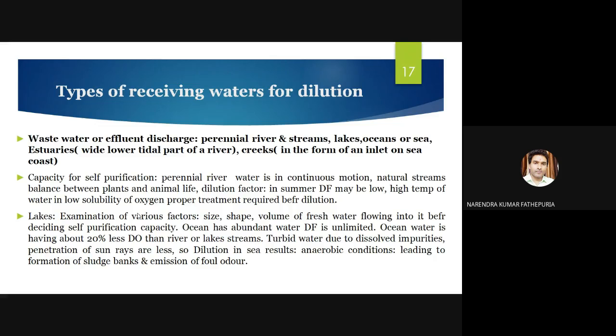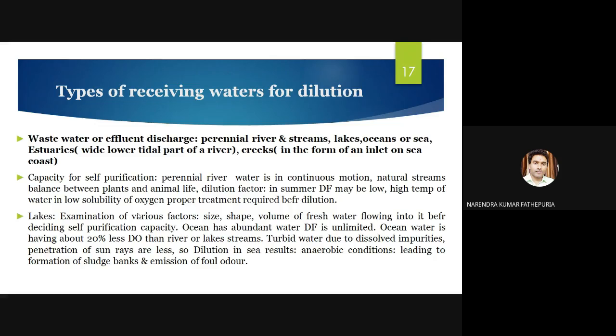If temperature is high, solubility will be low, and the dissolved oxygen will be lesser. So at a high temperature, there is low dissolved oxygen present in the water.